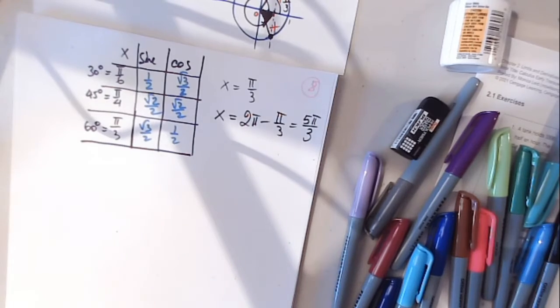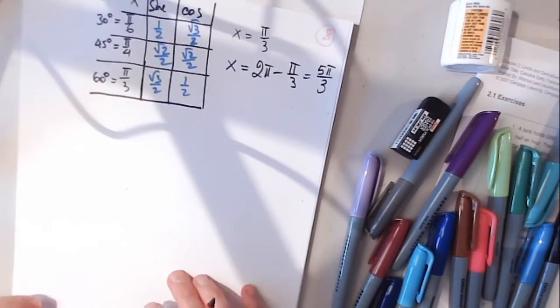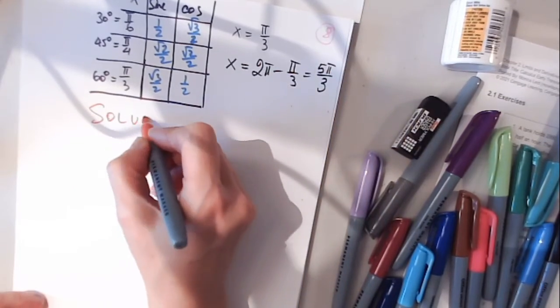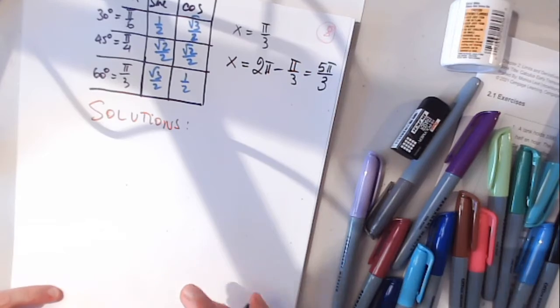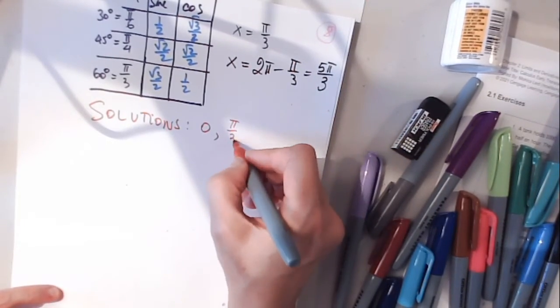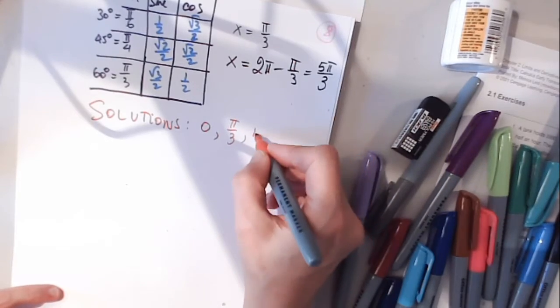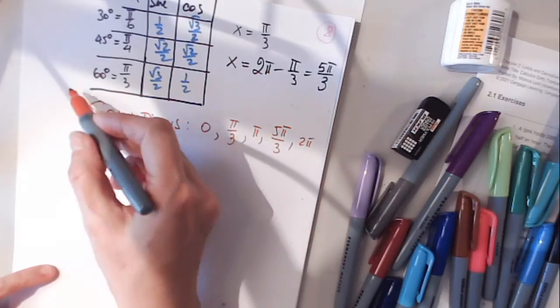So this trigonometric equation took us like 10 minutes. It was a long one. I will list the solutions in ascending order: 0 first, pi over 3, pi, 5 pi over 3, and 2 pi.